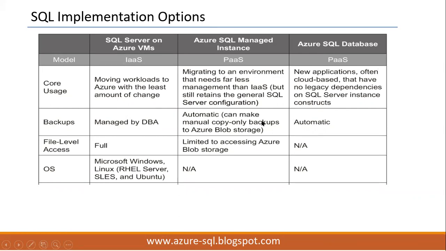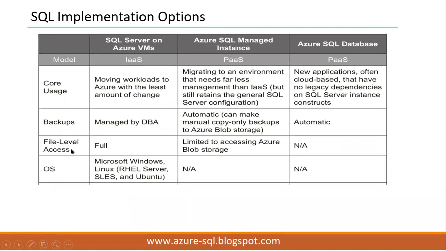We can also make manual copy-only backups to blob storage. Even manually we can take backups by using the export option, where we export the database into a backup file. So we can take a backup.